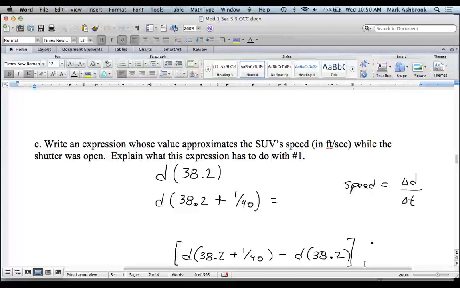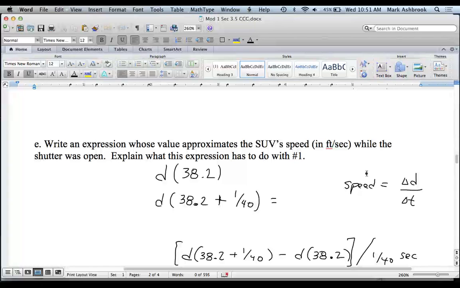Divided by change in time. So what's our change in time? Or which is the same, did she say times 40? Yeah, sorry, that's right also. Which is like our bar diagram, we need that little distance, we need 40 of those to get the distance traveled in 1 second, which is the same thing as multiplying that by 40. So either way. Okay, is that the last question?